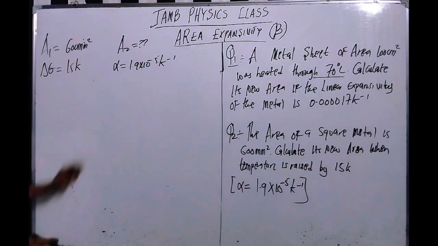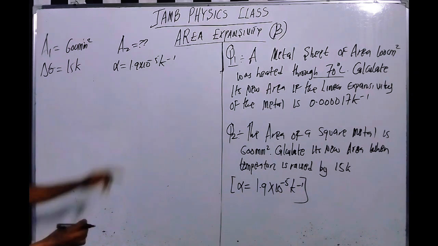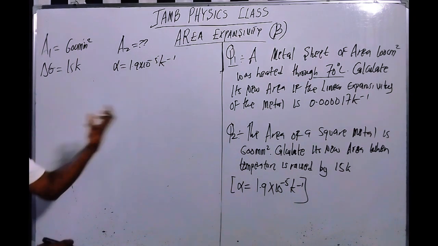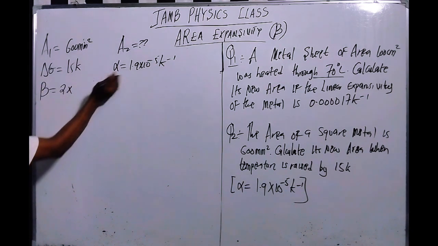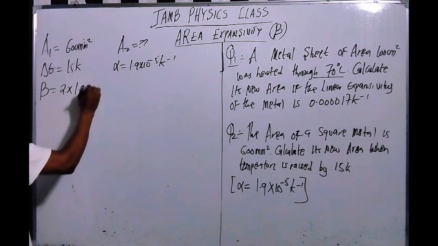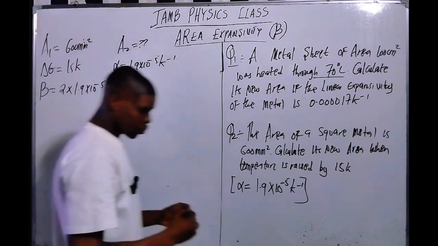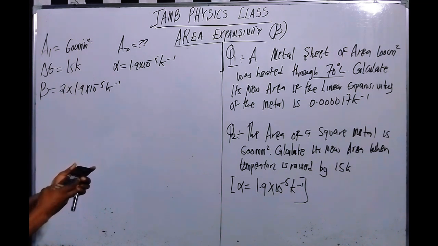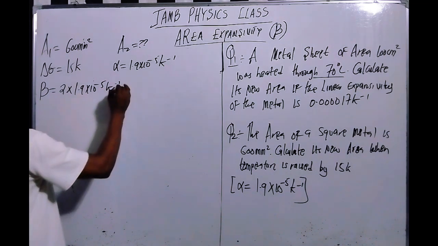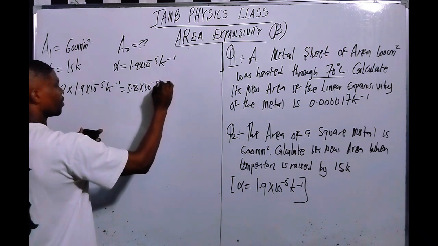From here now, my linear expansivity is this. So let me get my area expansivity, which is beta equals 2 times this one here, 1.9 exponential minus 5 per Kelvin. So what will be the answer? You have 2 times 1.9 exponential minus 5. Here we have 3.8 exponential minus 5 per Kelvin.